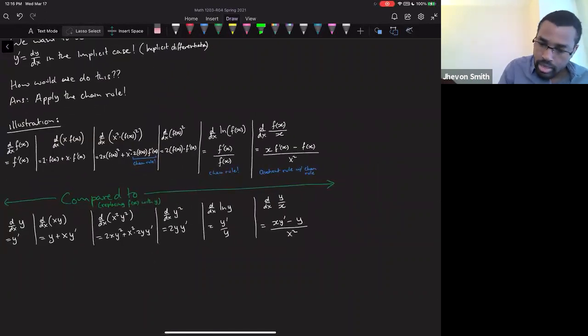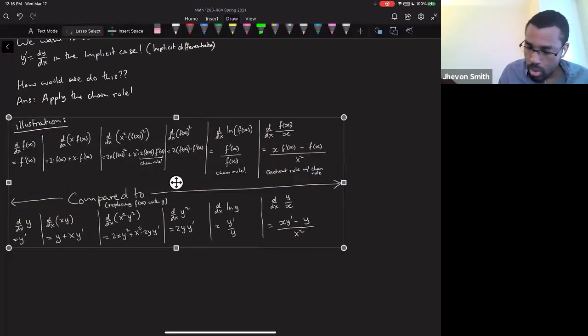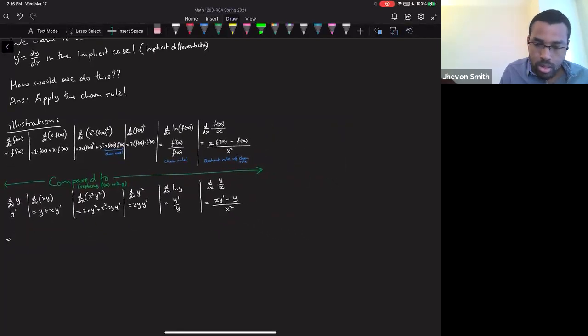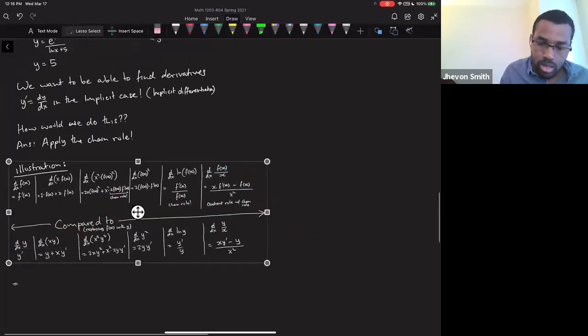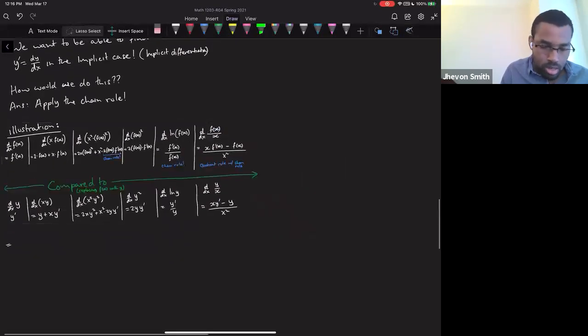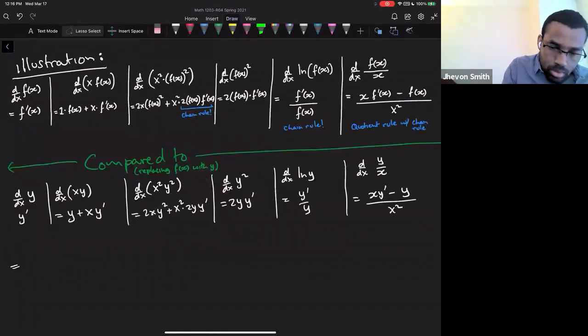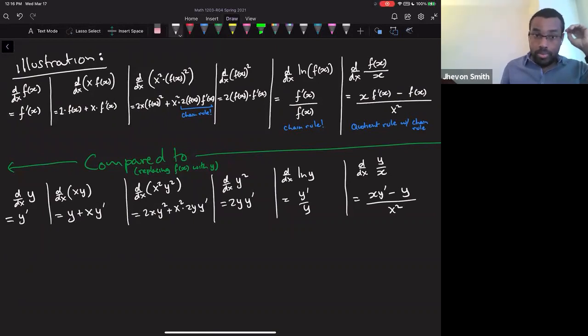Okay, so you have all these expressions, and this is how we're going to be differentiating stuff that has some unknown function involved, right? And we want to be able to get to expressions, right?